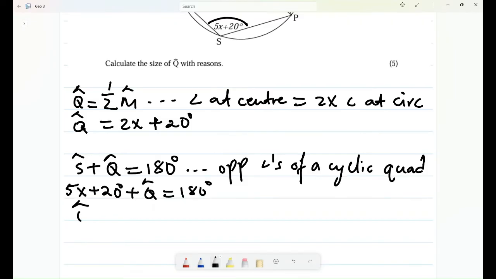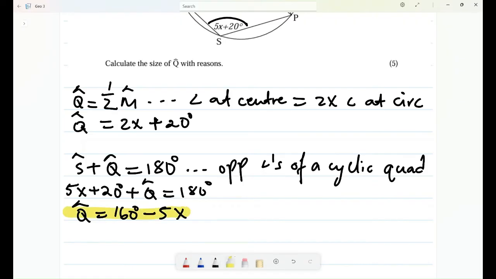Now, angle Q will equal, when I take this 20 to the other side, 180 minus 20, which is 160 degrees. Can I see these degrees too? It is very important. Minus this 5x also to the other side. Again, so check.